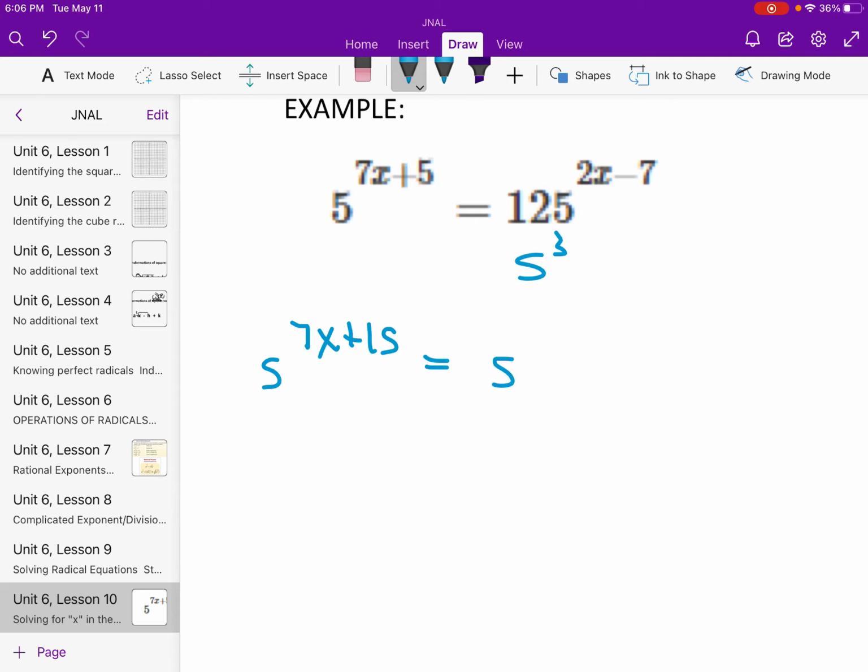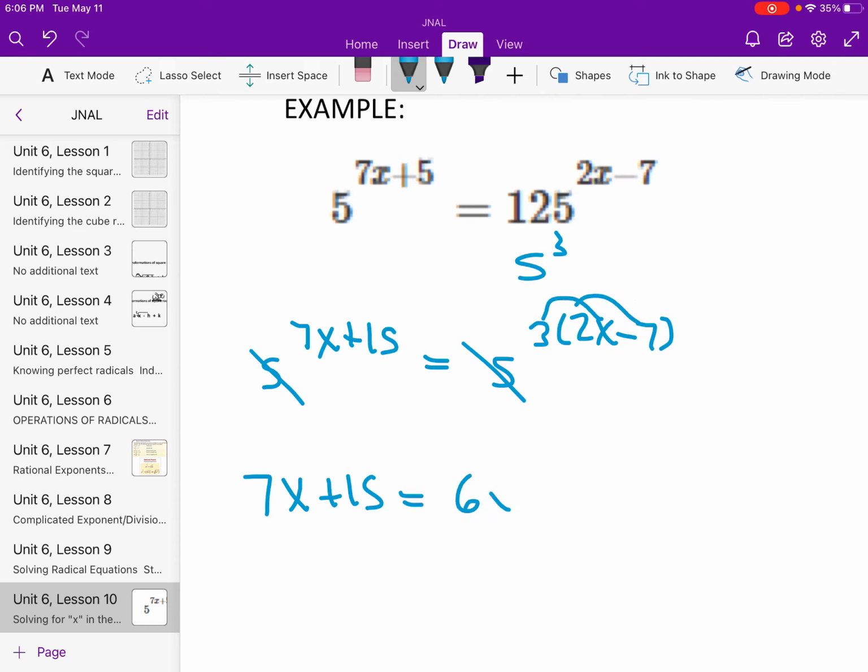Now we have 5 cubed, and what I meant by step 2 is, since we made this 5 cubed, you need to multiply that by the things that are in here, like this. Then after we do that, we can eliminate the bases because they're alike. So we have 7x plus 15 equals this.